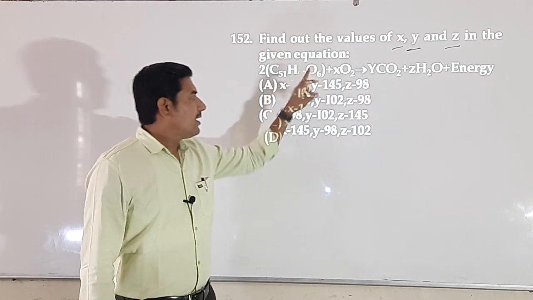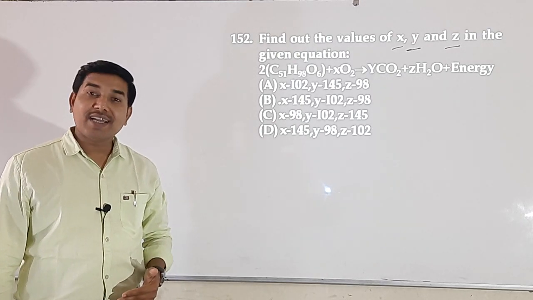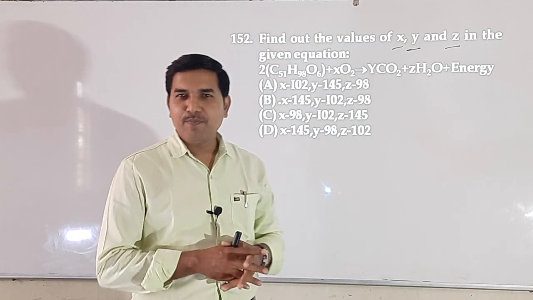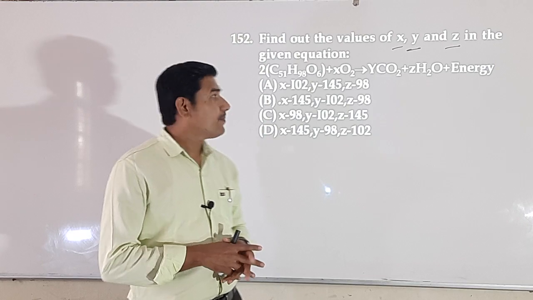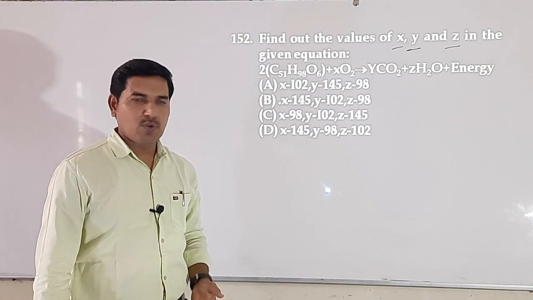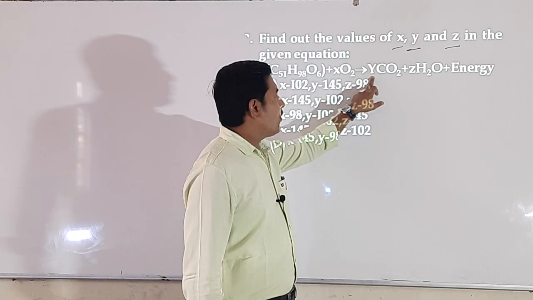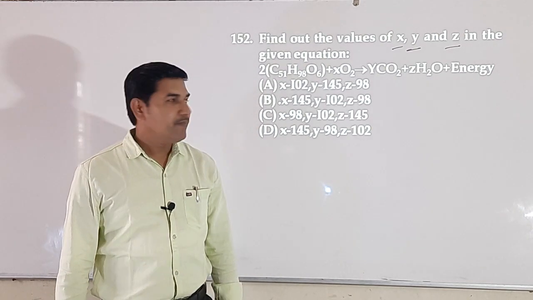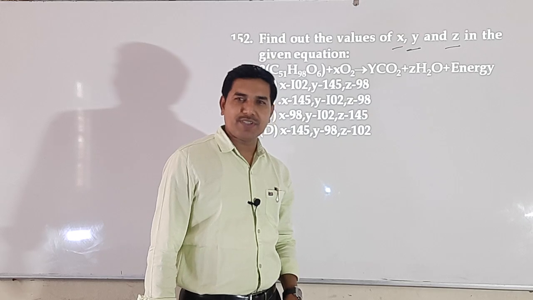This is the formula for a fat called tripalmitin, which you have already written in respiratory quotient, RQ. In the RQ we have taken this, plus X O2, how many molecules of O2, will give rise to Y molecules of CO2 plus Z molecules of H2O, plus energy is released during this process.